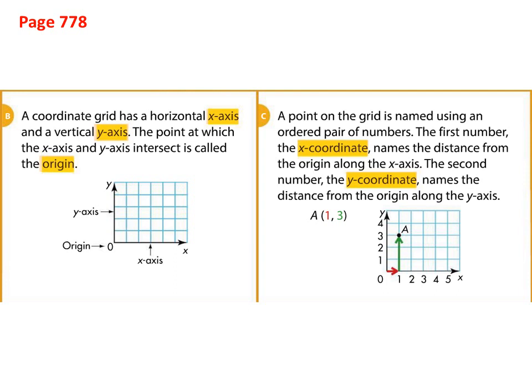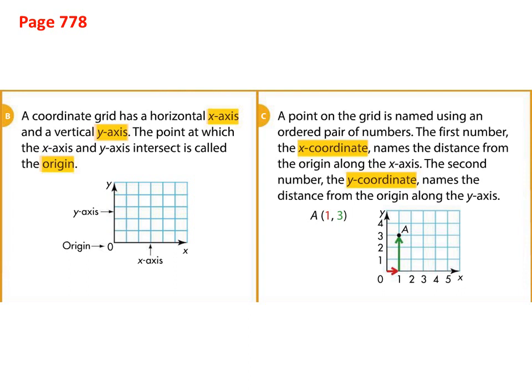The intersection point of the y-axis and the x-axis is called the origin point. Of course, the location of the origin point here is 0 and 0. Why? To go to this point, we must run 0. Run means move horizontally, and rise 0. So the location of the origin point is the ordered pair 0, 0.